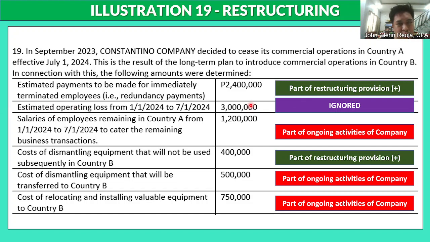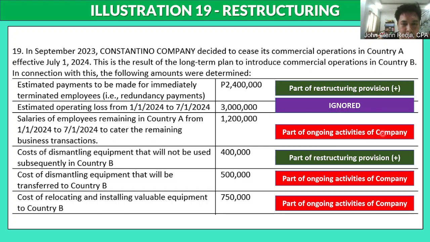Dapat you must recognize provision if there is an obligation resulting from past event. Yung keyword. Next, salaries of employees remaining in country A from July 1, 2024 to cater the remaining business transaction. So, malamang ito sila is hindi pa na-terminate yata.